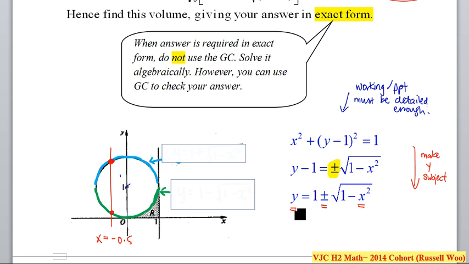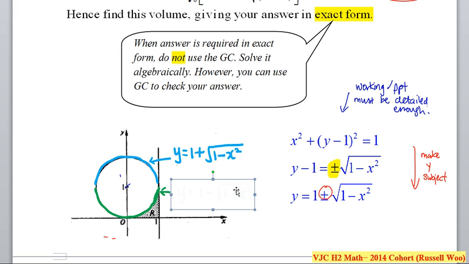So now we have to be very careful which is it that we choose. Okay? Can we all see, is it quite obvious then that if it's a plus, then it's the larger values of y, then this is the top half of the circle. This is the bottom half with the 1 minus. This is the 1 plus.